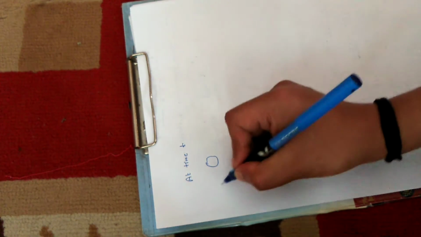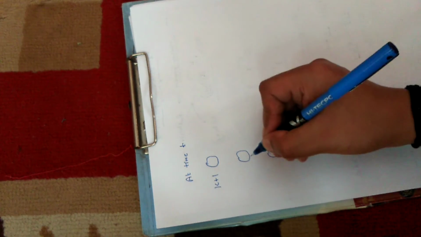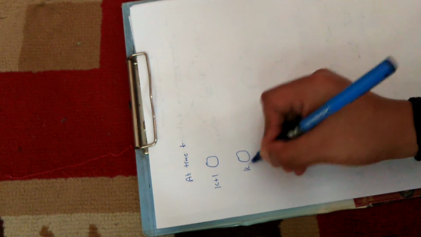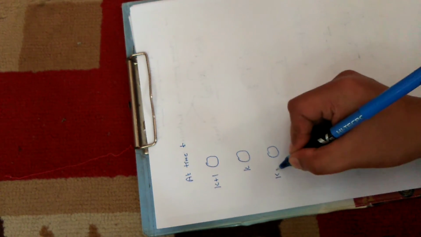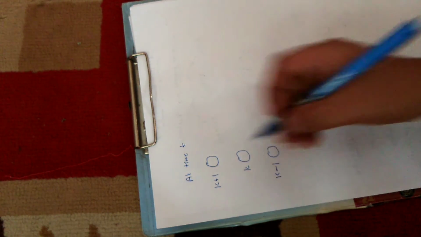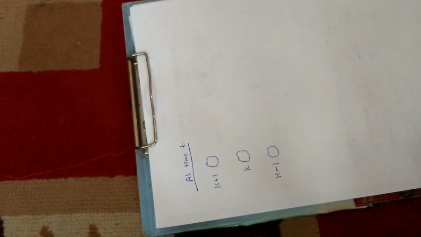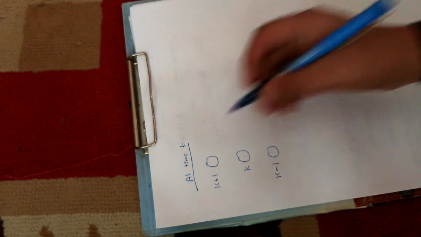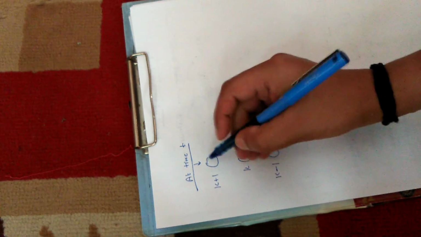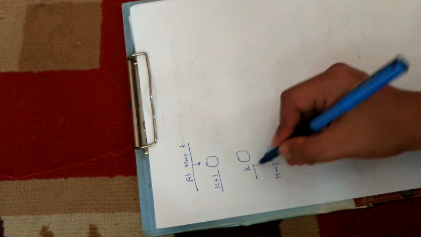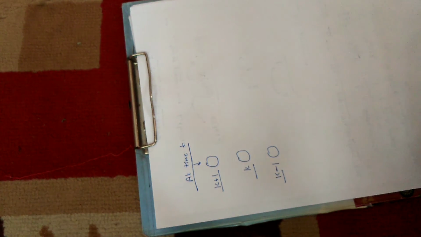First, the state is k plus 1. Second, the state is k. And third, the state is k minus 1. We are drawing this figure to understand the state transition of the birth death process, in which at time t there are three states: k plus 1, k and k minus 1.